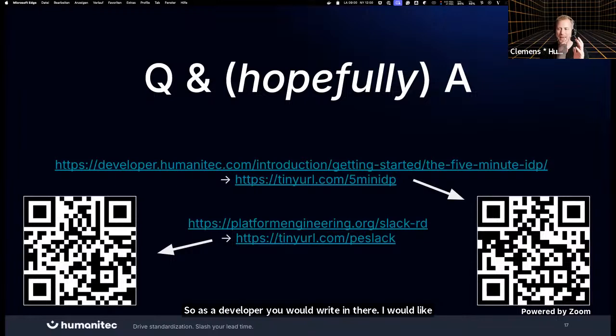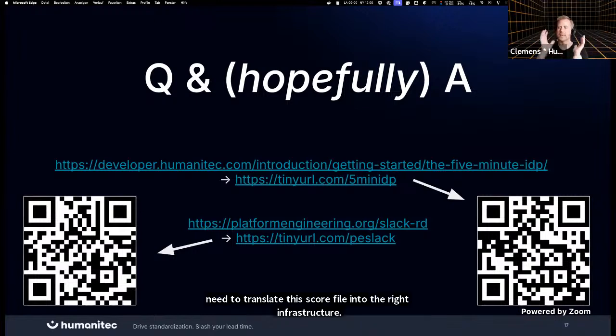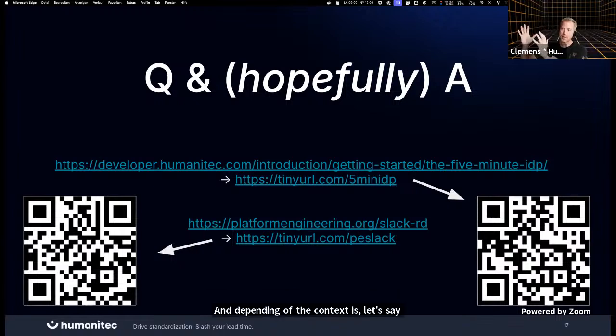And then depending on the context, let's say my context is local, I need to translate this Score file into the right infrastructure. And depending if the context is, let's say, production, I need another translation method to translate the Score file's ask into the right infrastructure. Let's say in production, you're doing this with the orchestrator.